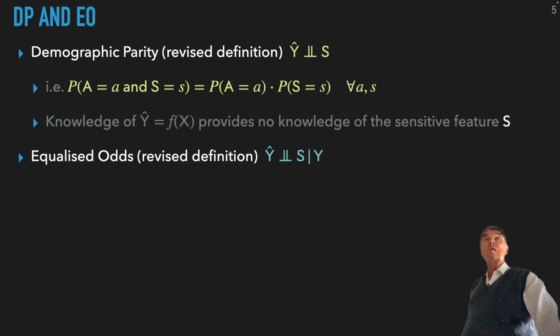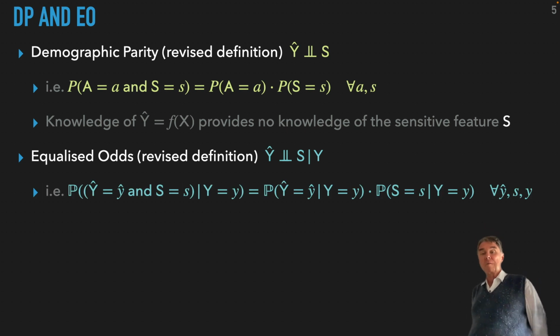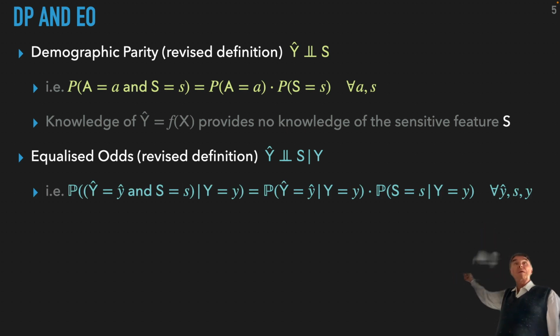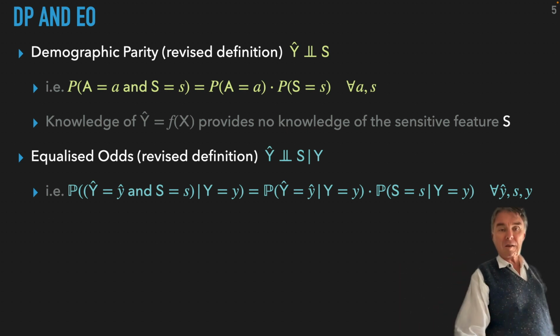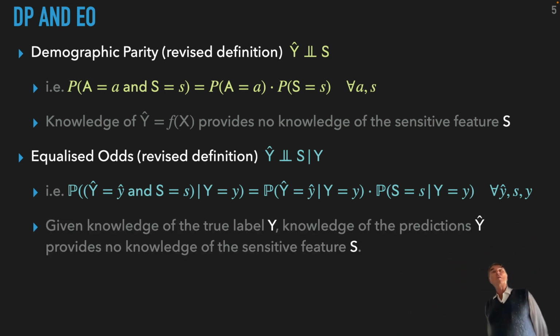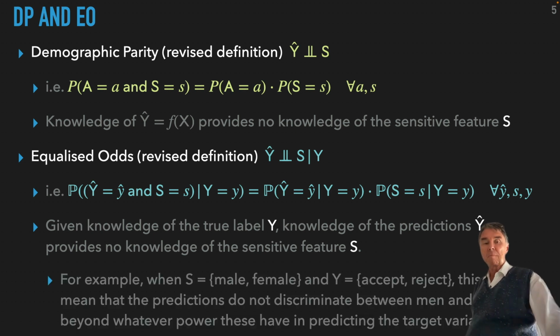Likewise, the equalized odds revised definition is this conditional independence statement, which, if you write it out in full, is this big thing. Isn't this notation wonderful? It's much more compact. And what does that say in words? Given knowledge of the true label, y, knowledge of the predictions y hat provides no knowledge of the sensitive feature s.